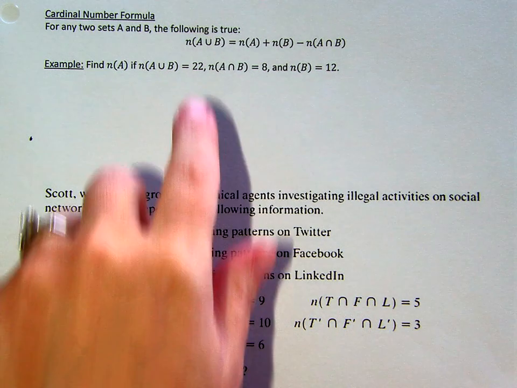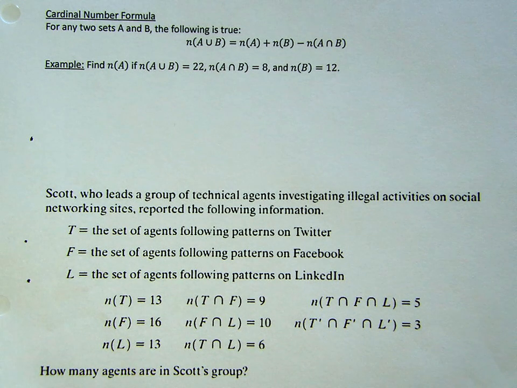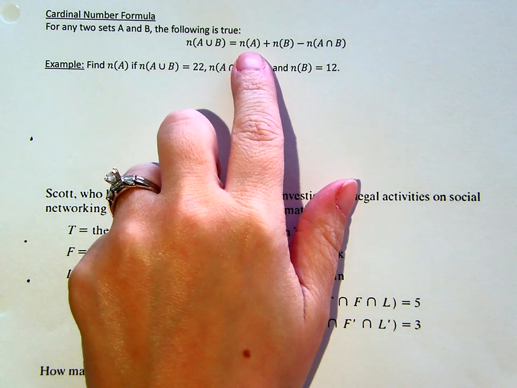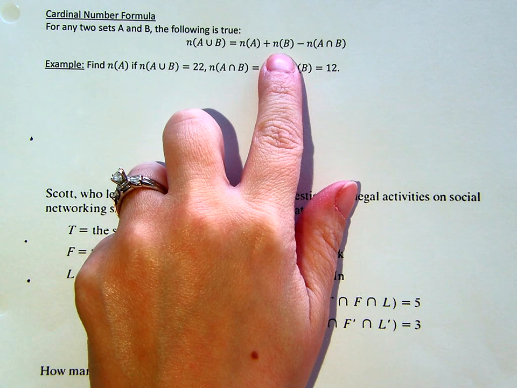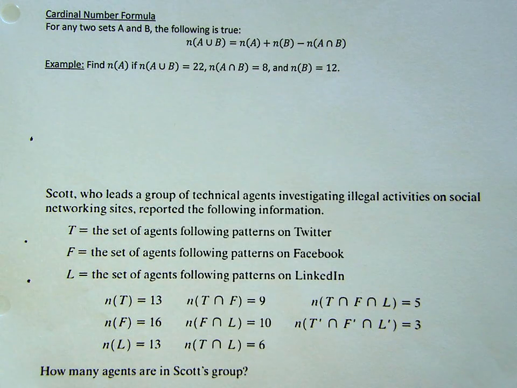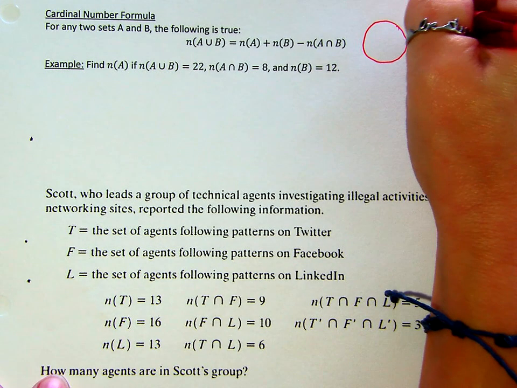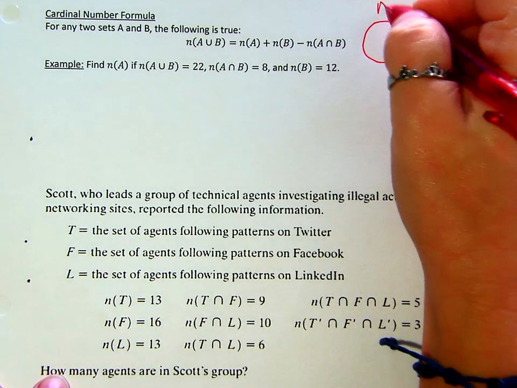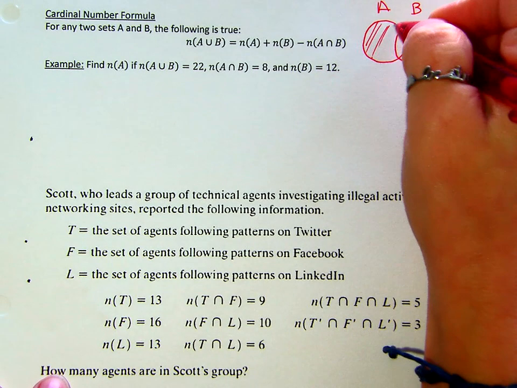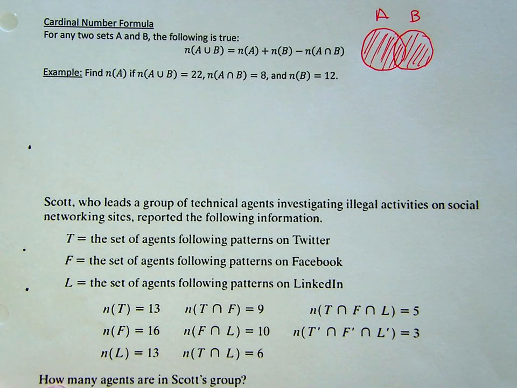The cardinality of A union B, so when you combine the 2 sets together, will always be the cardinality of A plus the cardinality of B minus the cardinality of A intersect B. So what it's stating is that if I want to find, which we could even draw a picture, the number of elements that are in A union B. Remember, A union B is where you take all the elements in A and all the elements in B, because you combine them together using union.